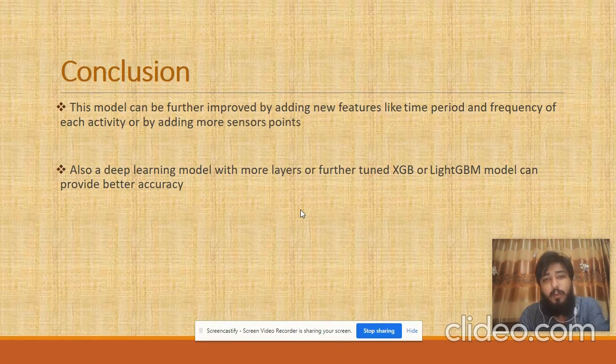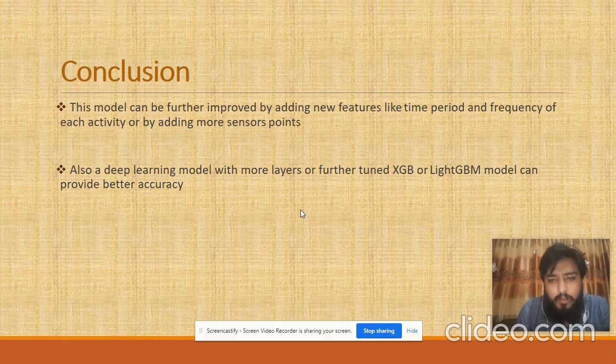Here we can see how the X, Y, Z axes are changing for a certain period of time. For deep learning, we can also improve our model by adding multiple layers, or fine-tune XGB or even a LightGBM model.